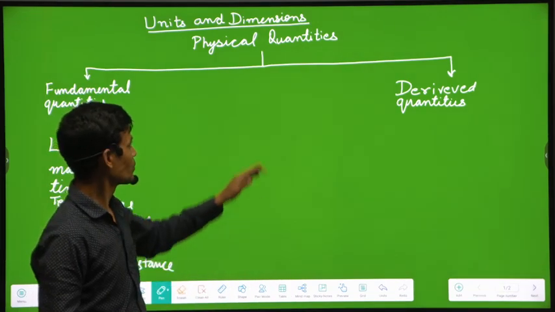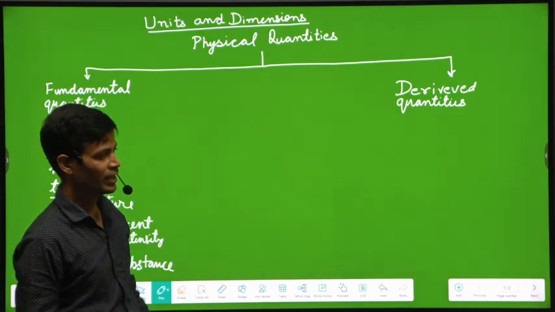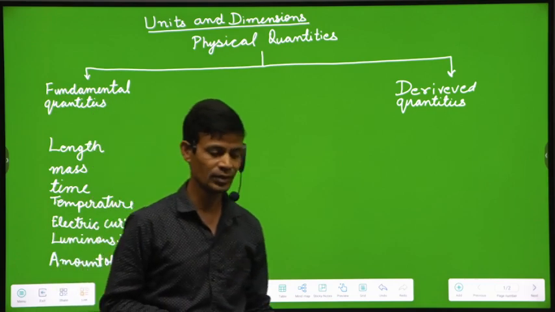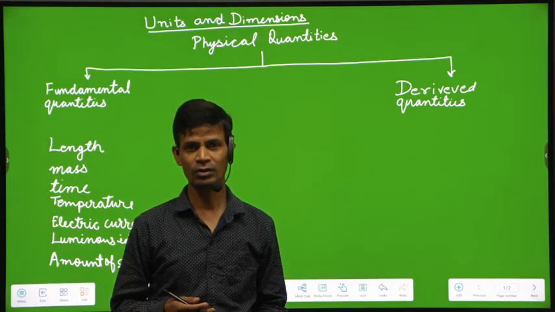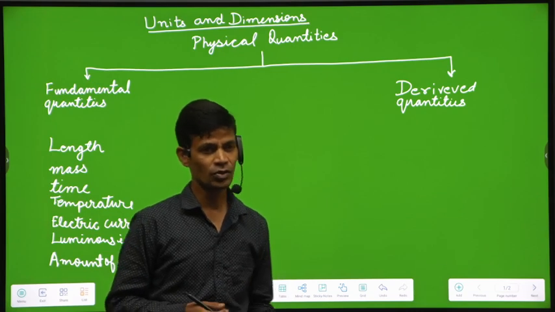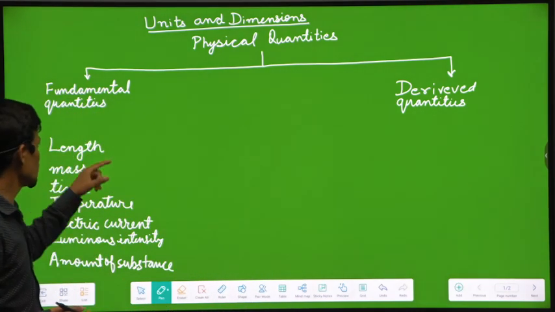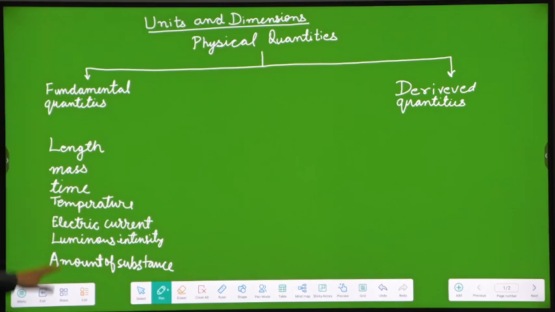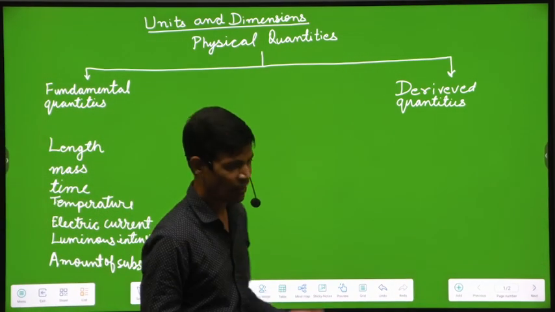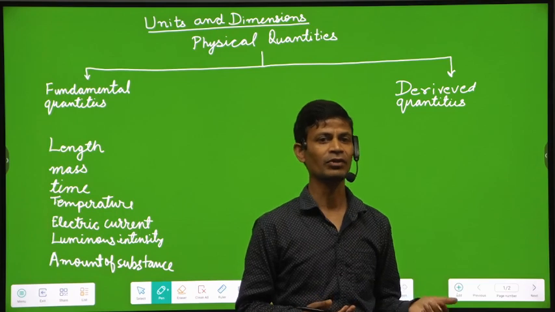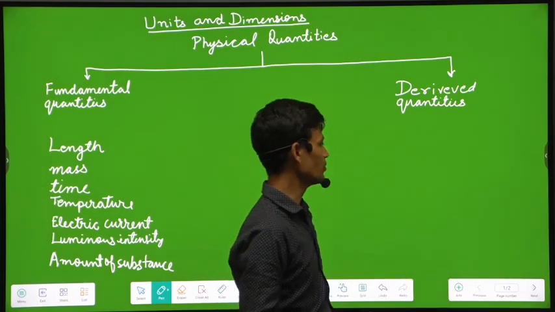So this time I'm classifying them on the basis of whether they depend on other quantities or not. If physical quantities are independent of any other quantity, then we call them fundamental quantities. And if they are derived from any other quantity, then we call them derived quantities.